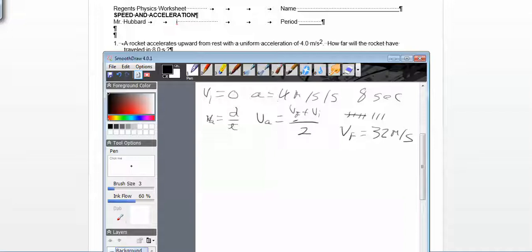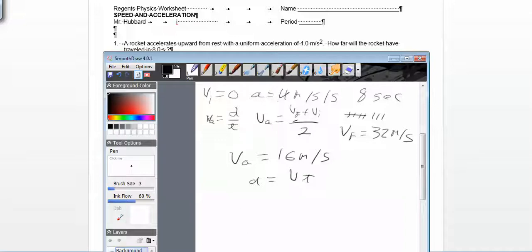Now let's just average these. Our initial velocity is 0. Our final is 32. Divide that by 2. The average equals 16 meters per second. Now our distance equals velocity times time.